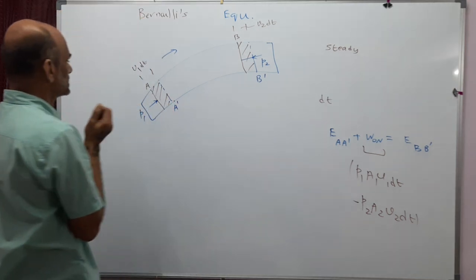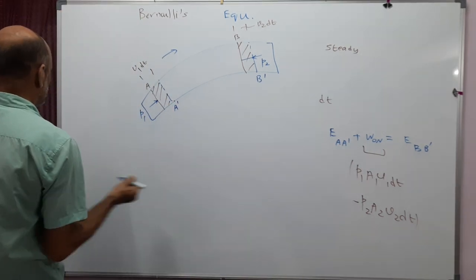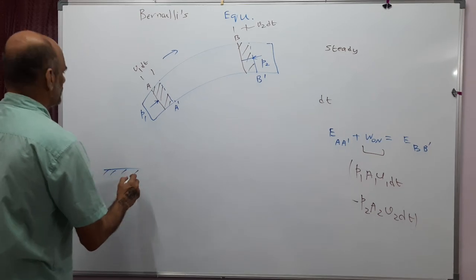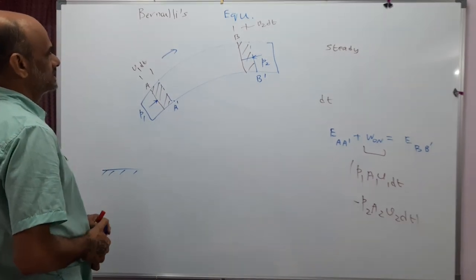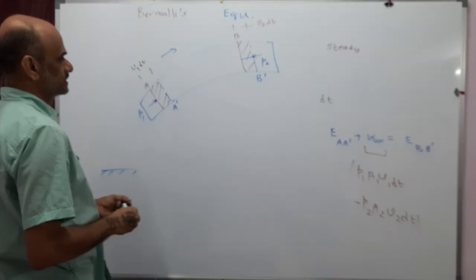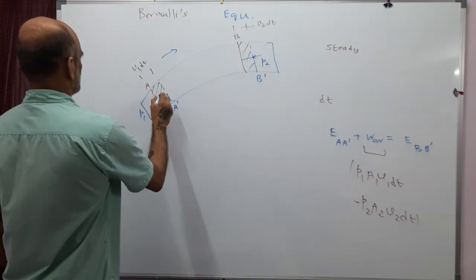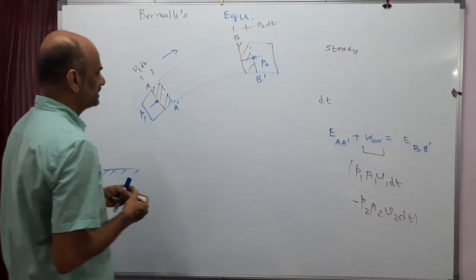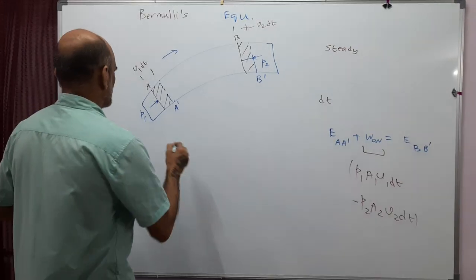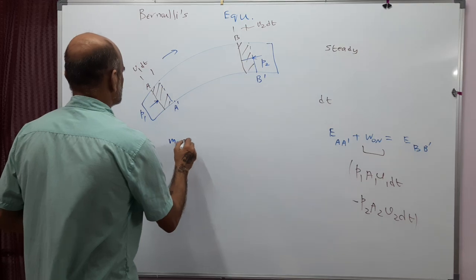And the energy of this liquid: here is the earth surface. One is because of the gravitational potential energy. Another energy is kinetic energy, half mv square. So let the mass of this one be m1. So the potential energy of this one will be m1 g h1.